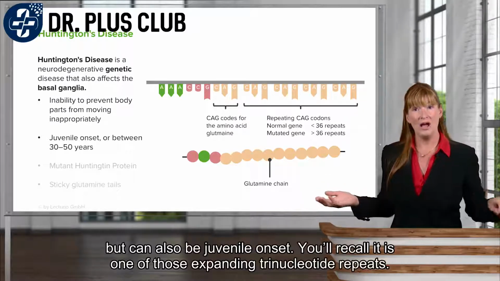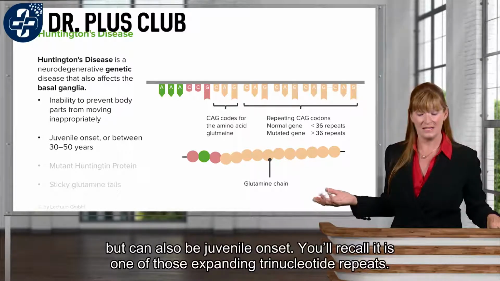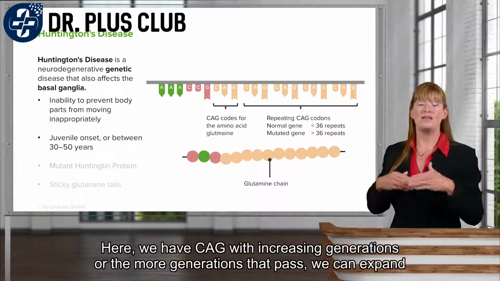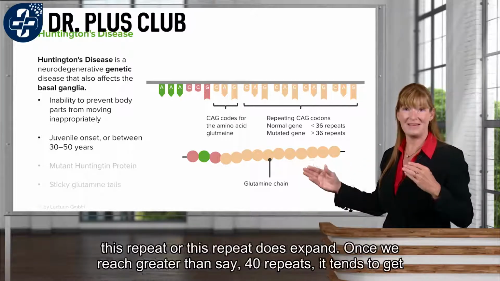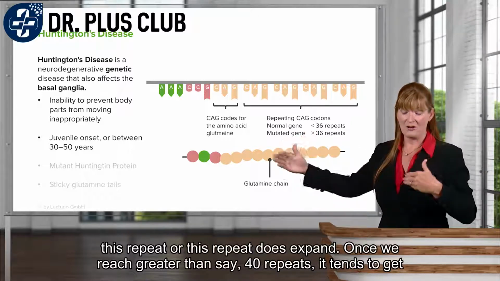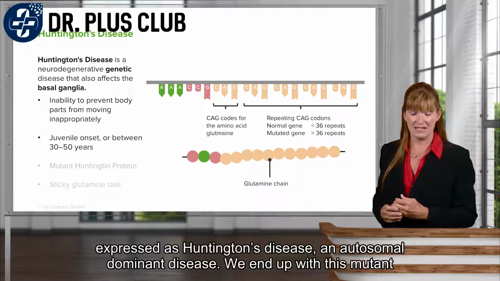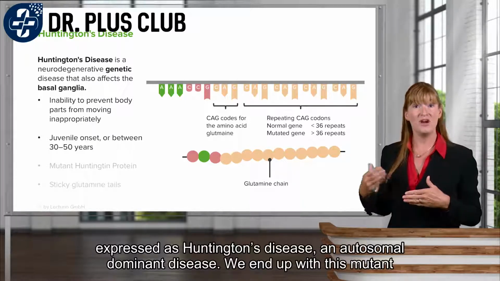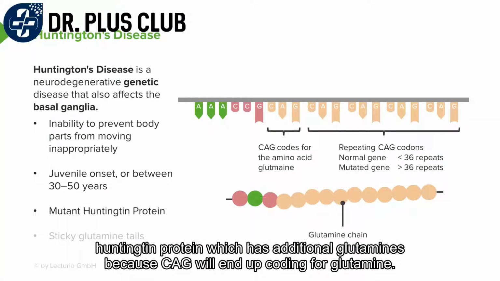You'll recall it is one of those expanding trinucleotide repeats. Here we have CAG with increasing generations, or the more generations that pass, this repeat does expand. And once we reach greater than, say, 40 repeats, it tends to get expressed as Huntington's disease, an autosomal dominant disease. So we end up with this mutant Huntington protein, which has additional glutamines, because CAG will end up coding for glutamine.